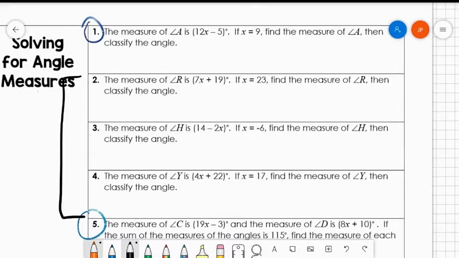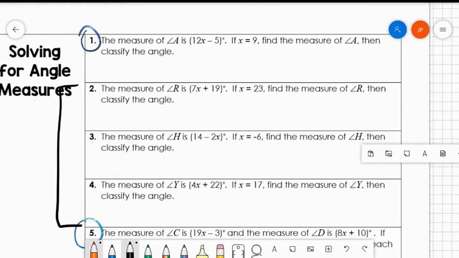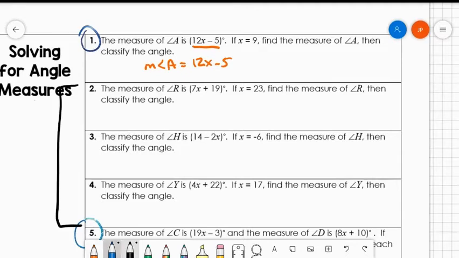It says the measure of angle A is 12x minus 5. If x equals 9, find the measure of A, then classify the angle. All you're really doing here is, they're giving me an algebraic expression for what the measure of angle A is. So the measure of angle A is 12x minus 5. But now they're actually telling me what x equals.